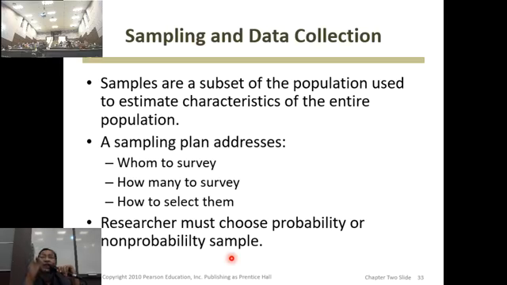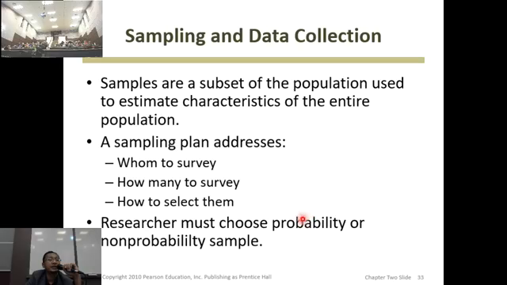So probability or non-probability. Now this is based on what? This is based on whether the data that you choose is random or not. If your data is random, then you look at probability. If the data is not random, then you have to look at non-probability sampling.